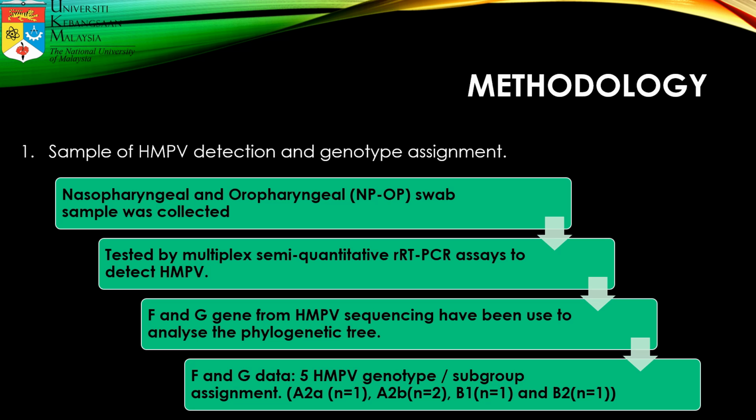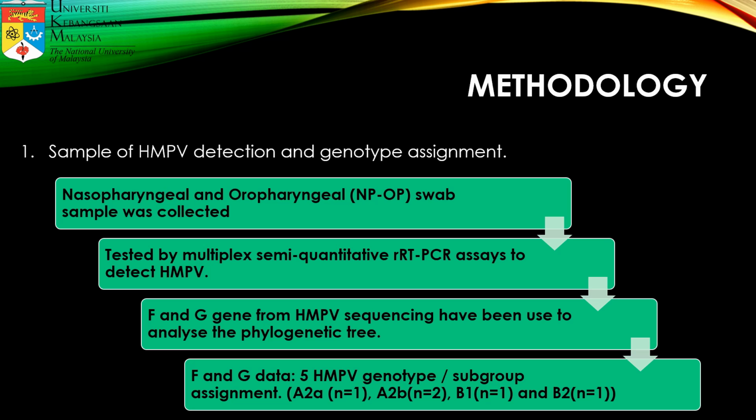For the methodology, there are two general methodologies. First is the sampling, HMPV detection and genotype assignment. They used nasopharyngeal and oropharyngeal swab samples that were collected. They tested the samples with a reverse real-time PCR assay to detect the HMPV virus, and the F and G genes, which are the fusion and glycoprotein genes from the HMPV sequence, were used to analyze the phylogenetic tree.